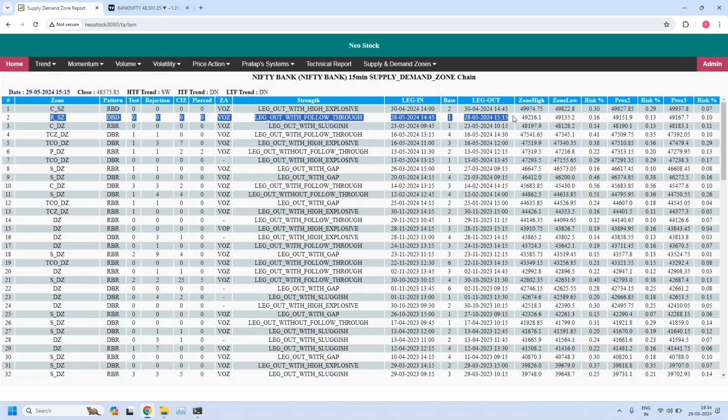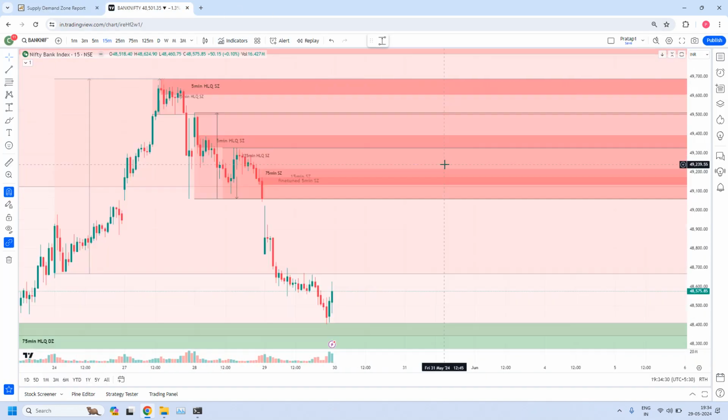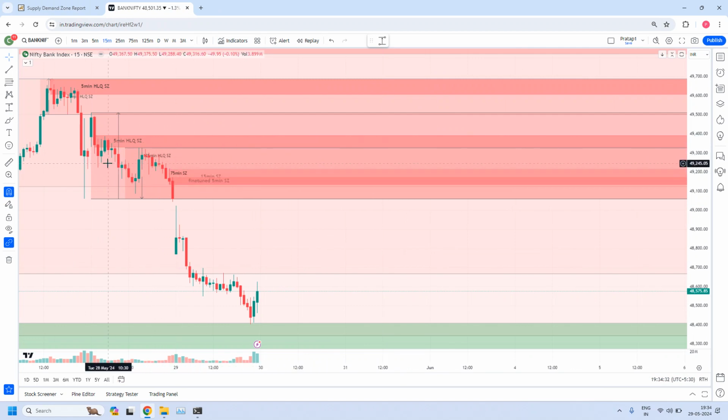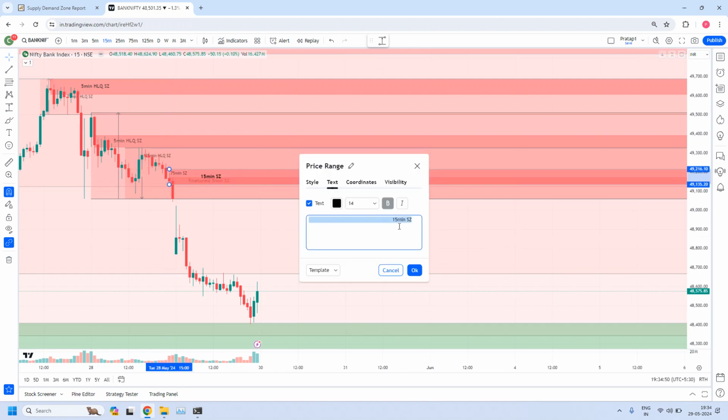28th today. Sorry, today is the 29th, I'm sorry. This is yesterday; I think we have already drawn this. 28.5, 14.45, we might have drawn it yesterday already. So this is the one. But the mistake we made is, on 28 May at 15 minutes, this is a high liquidity supply zone.